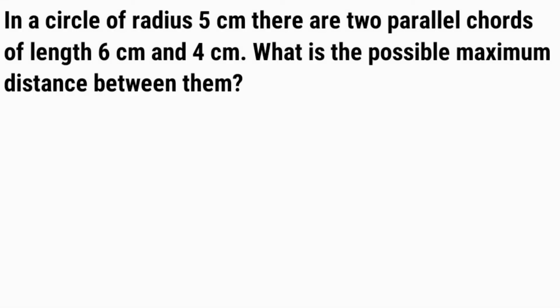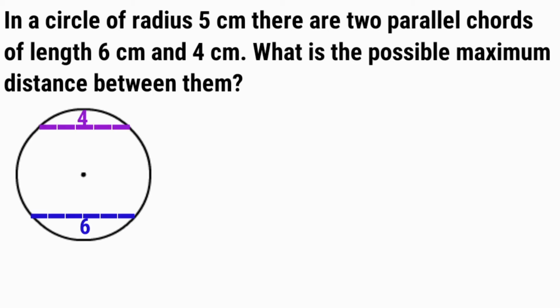In a circle of radius 5 centimeters, there are two parallel chords of length 6 centimeters and 4 centimeters. What is the possible maximum distance between them? In our figure, we have the two parallel chords, 6 centimeters and 4 centimeters.